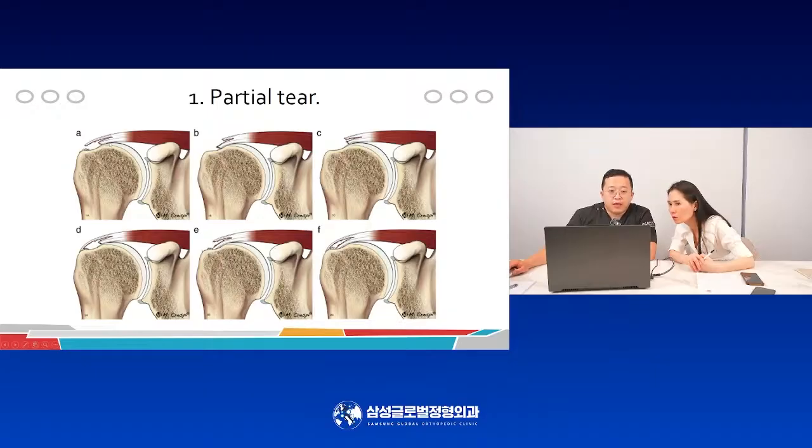This is not yet fully detached, okay? It is attached to the humeral head, but as you see, the tendon state is not good. It's not normal, right? This is an abnormal state. We define this state as a partial tear of the rotator cuff, okay?